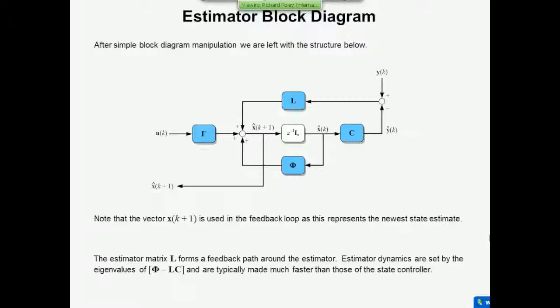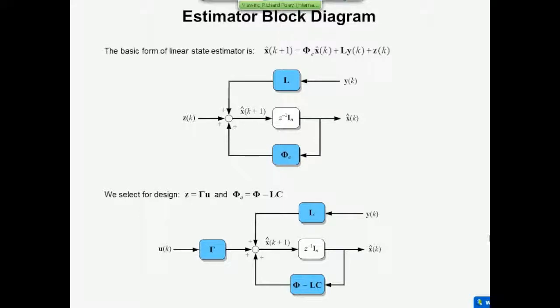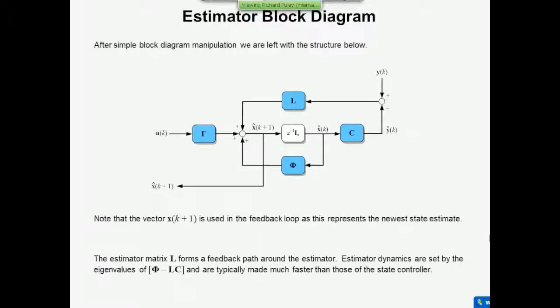This is the same as this. It's the linear state estimator, and doesn't it look similar to the ABCD model that we presented earlier? It's just a model of the plant, and the only difference is that we've got this feedback matrix coming in here, which, look, it's the difference between the measured and the estimated output. Clever, isn't it? See how it works?